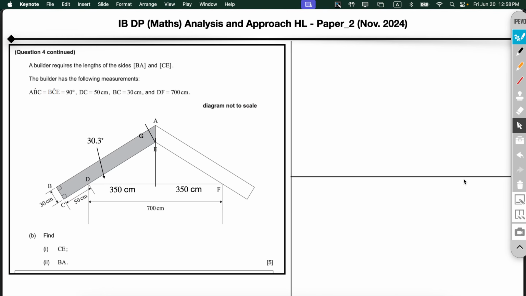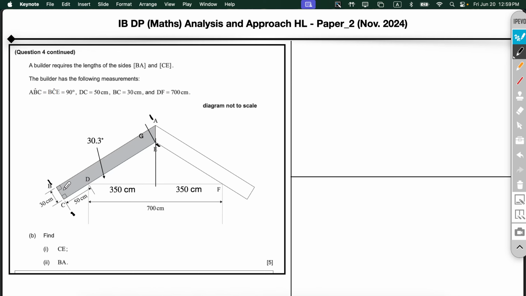Now it asks that a builder requires the lengths of the sides BA and CE. The builder has the following measurements. Angles ABC and BCE are both 90 degrees.